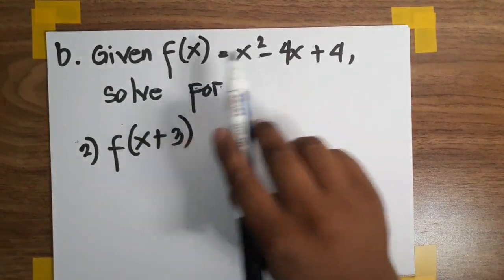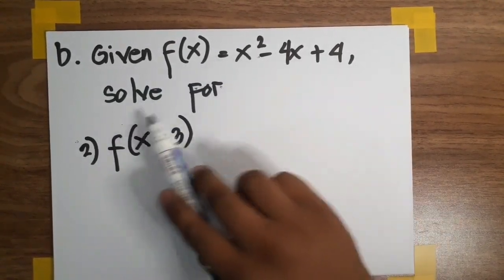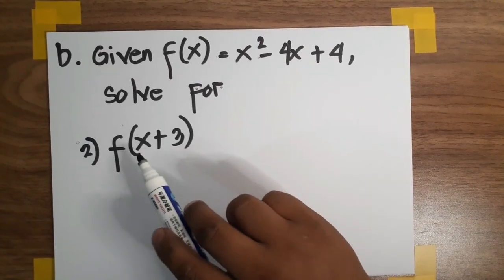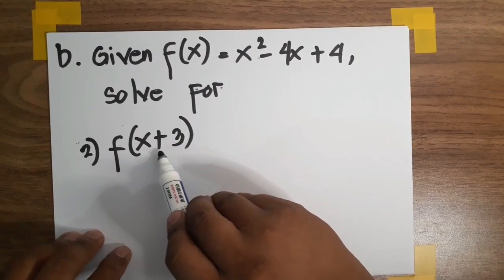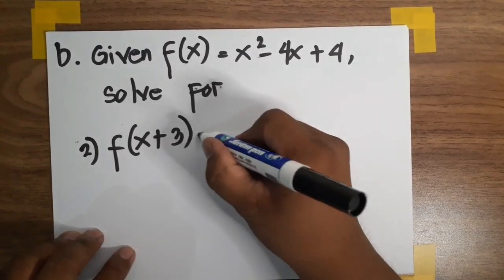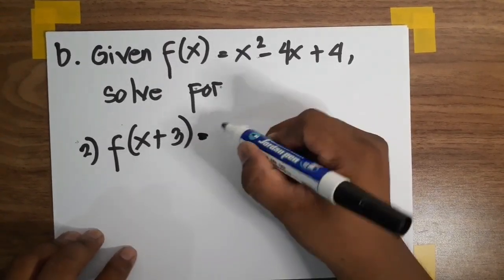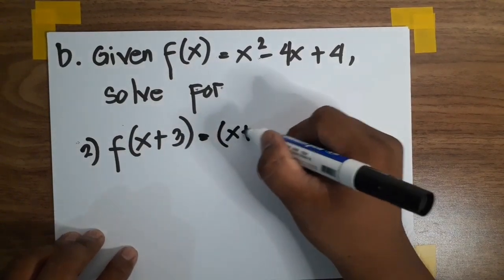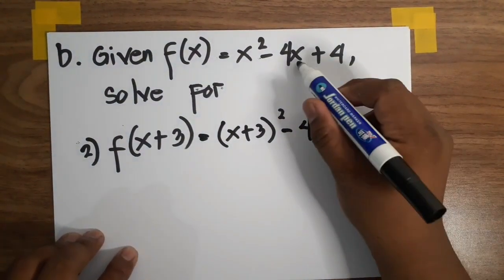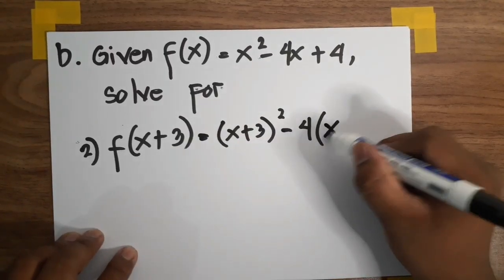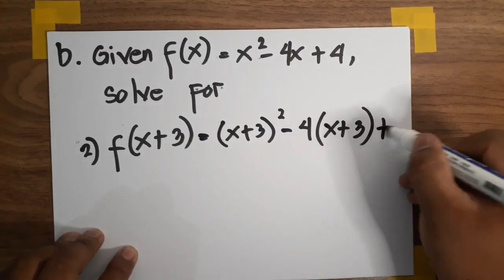Another is, you have the given f of x equals x squared minus 4x plus 4. This time solve for f of x plus 3. So now, we replace all x by x plus 3. So you have x plus 3 squared minus 4 times x plus 3, plus 4.